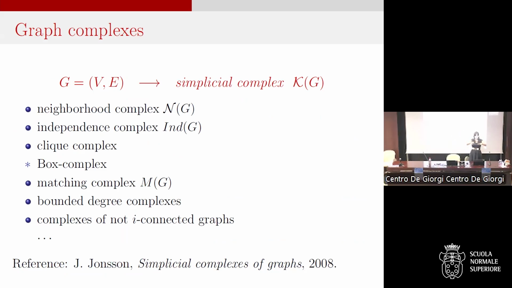You just have the graph, you forget about edges for a moment, and on those vertices you construct simplices in some way. Then we have this exotic box complex, whose vertex set is kind of rare. We have two copies of the vertex set of the graph. And then we have these three, whose vertex set is actually the edge set of the graph. We are going to talk a bit about them. And we have many more.